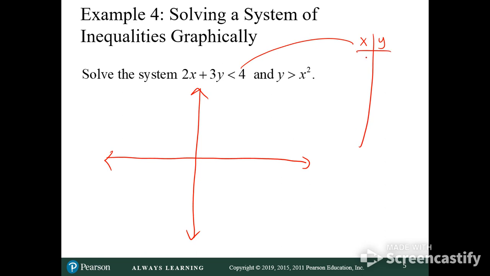If y is 0, x is 2. If y is 2, this is 6. What plus 6 is 4? Negative 2, so if x is negative 1, it works, right? Negative 2 plus 6 equals 4.